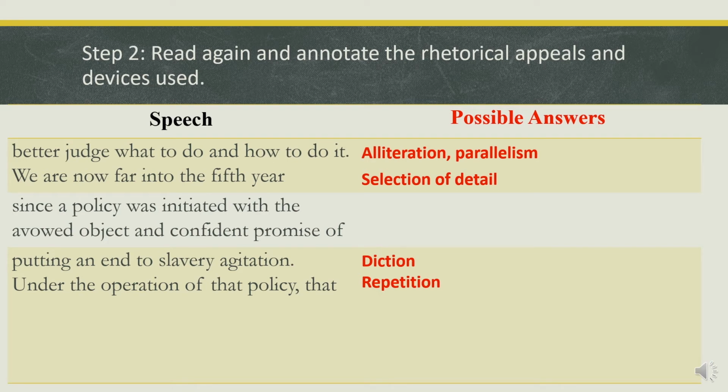This choice shows that he is irritated that slavery has continued even after policies have been put in place. And so he repeats that word policy, that policy, to show how agitated and irritated he is. And all of this creates his tone.